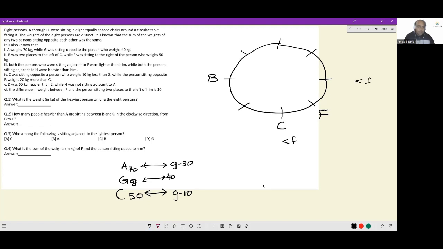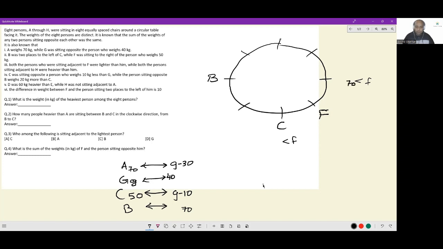While the person sitting opposite B weighs 20 kg more than C, the person sitting opposite B weighs 70 kg. So this person here weighs 70.